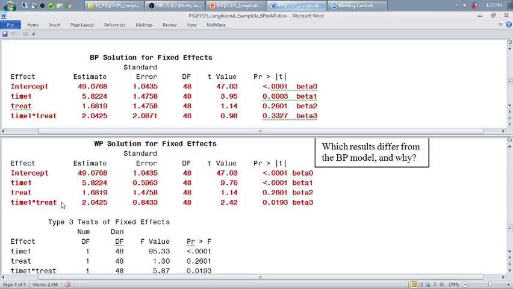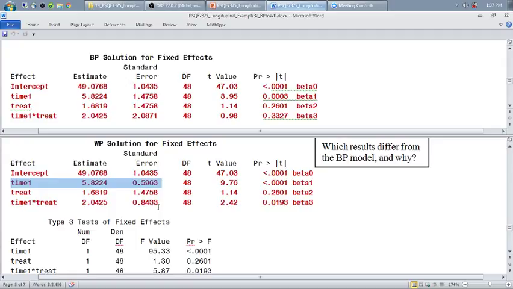Likewise, time by treatment is this idea that the groups change differently. That is a within-person effect, because it's saying, why do some people need different time effects? And the fact that some people walked in the door higher than others is not relevant in testing why some people change differently than others. The change happened within persons.